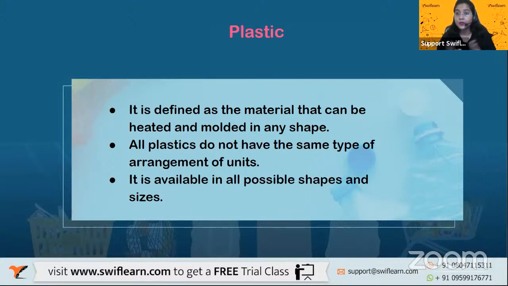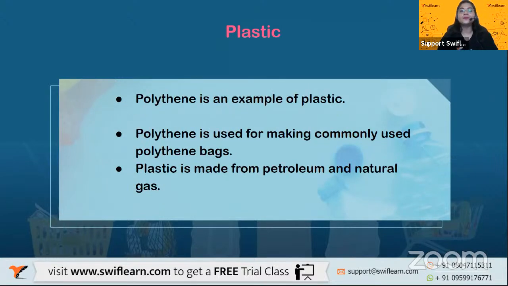I will tell you there are especially two types of arrangements, linear and cross-linked. All the plastics have different arrangements of their units, and also these are available in all the possible shapes and sizes, whatever is desired. Okay, whatever you want. Chalo.